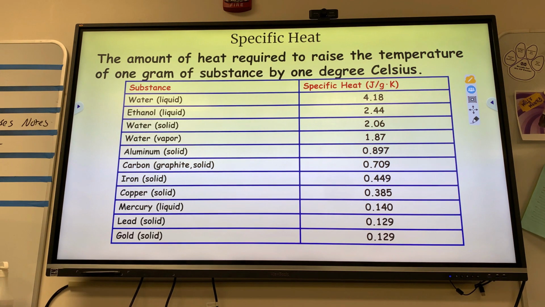If I put that on your stove also for 10 minutes, what would the temperature change be of that bar of gold? Would it change more than the temp of the water changed or less? More. How do you know? Because this number's lower. Plus, intuitively, does that kind of make sense? Does that seem like that would be the case?